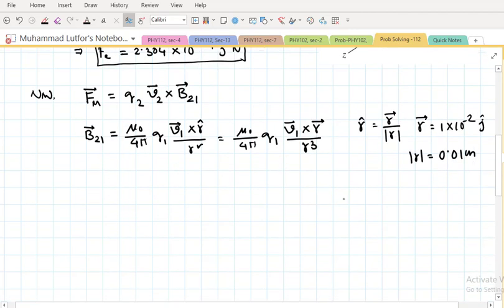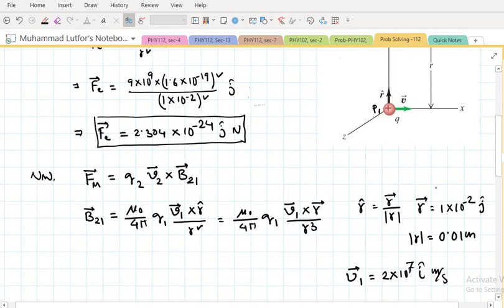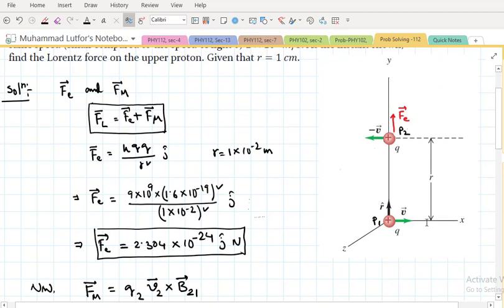The v1 is towards the positive x direction, so I can write it as 2 times 10 to the power 7 i hat meters per second.